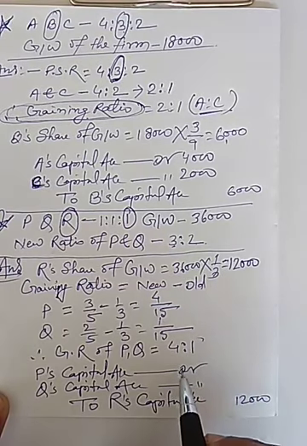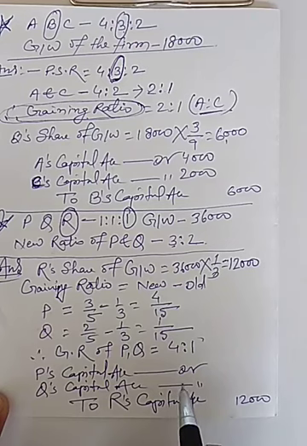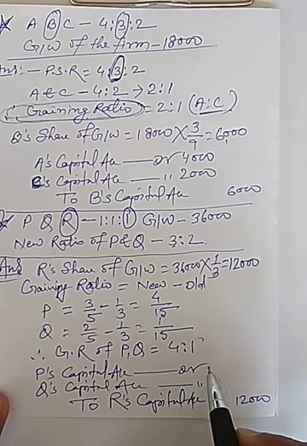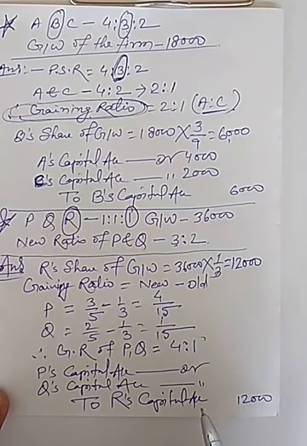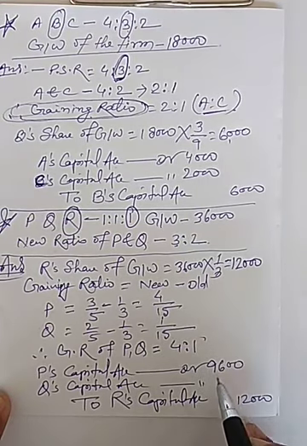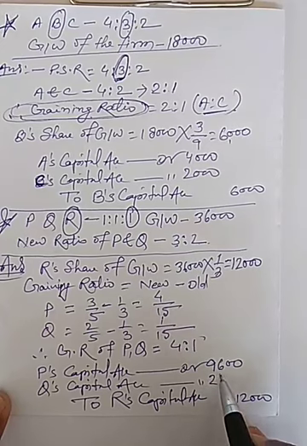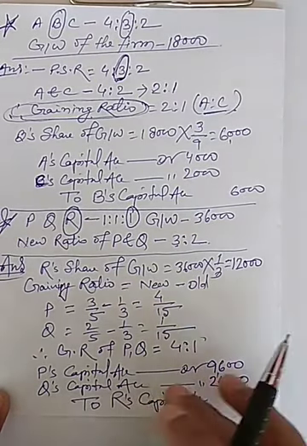As in the admission chapter, we distributed in the sacrificing ratio. In this chapter, it will always be distributed in the gaining ratio, so it will be 9,600 and 2,400.